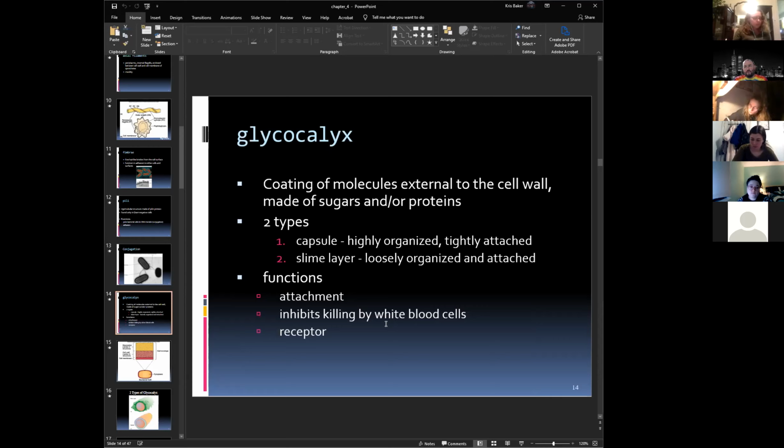Capsules tend to be very highly organized and are tight to the wall, whereas slime layers tend to be messy and loosely associated with cells. So the slime layers tend to be more benign in the respect that the cells do more about attaching and building a community when you have a slime layer.